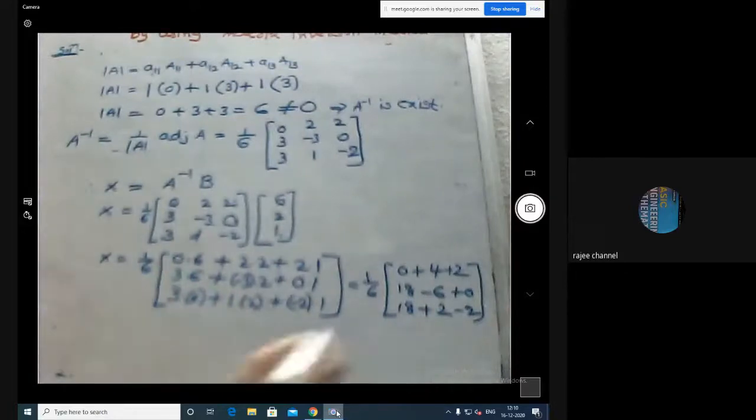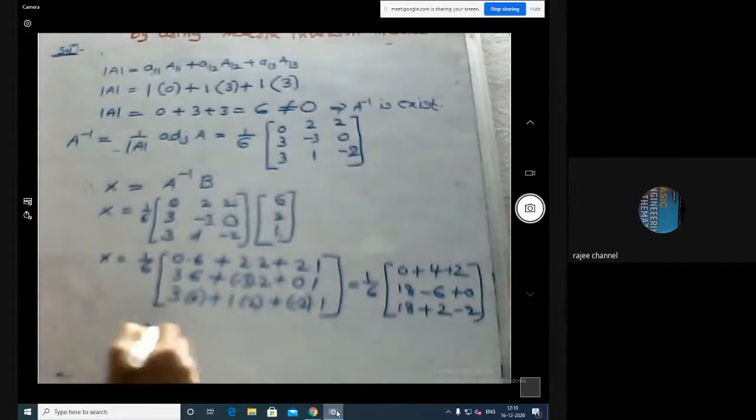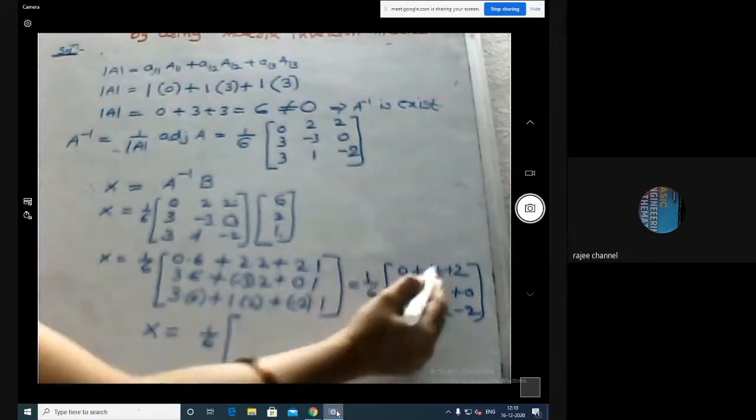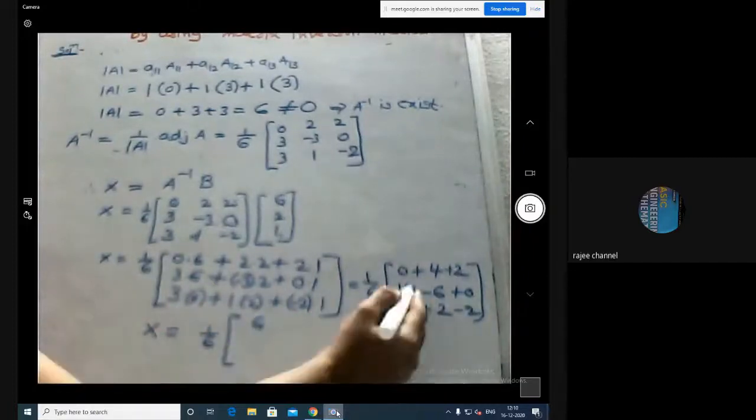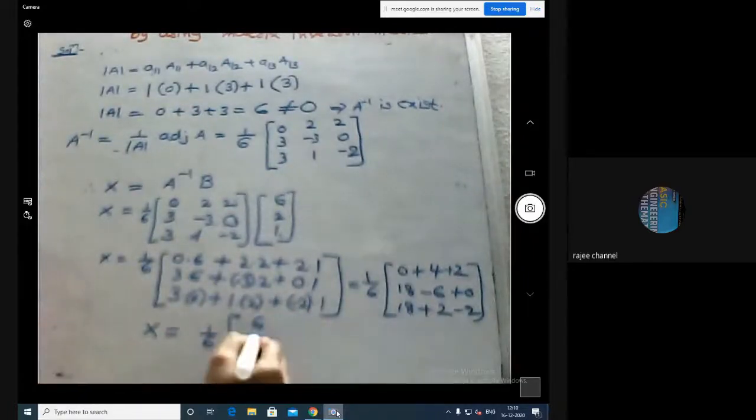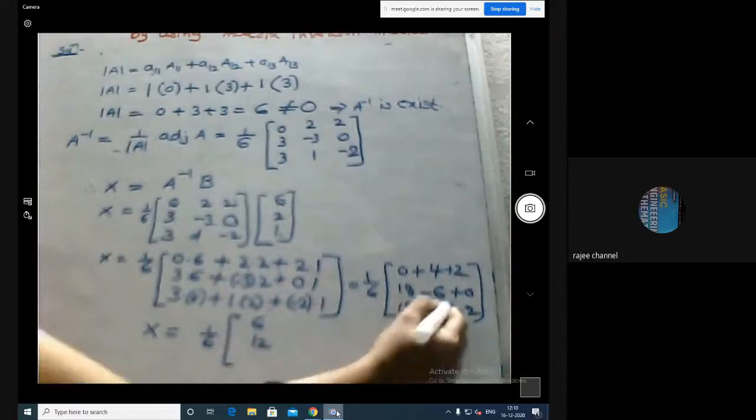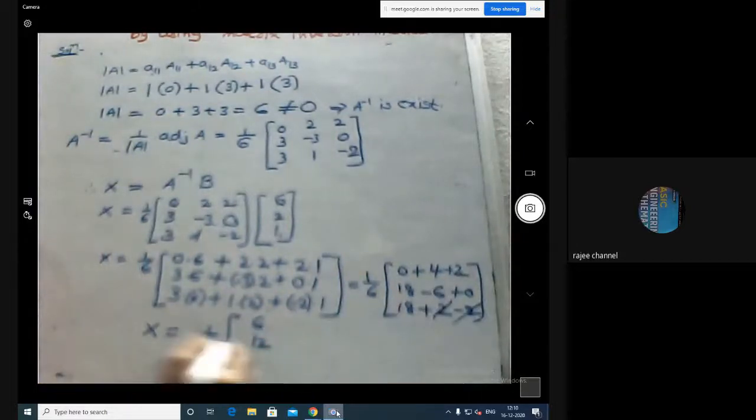Okay, so next simplification, capital X equals 1 by 6 into 0 plus 4 plus 2, that is 6, 18 minus 6 is 12. Next 18, here 2 minus 2 gets cancelled, we get 18.